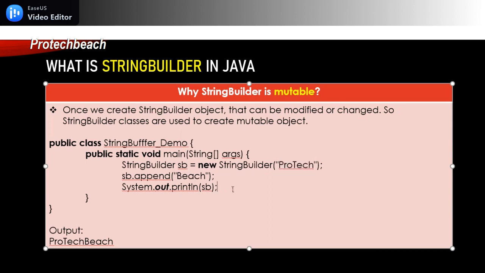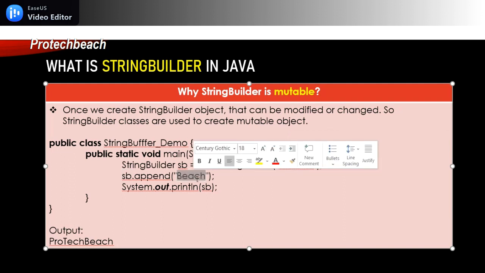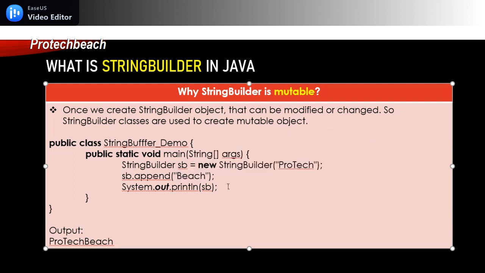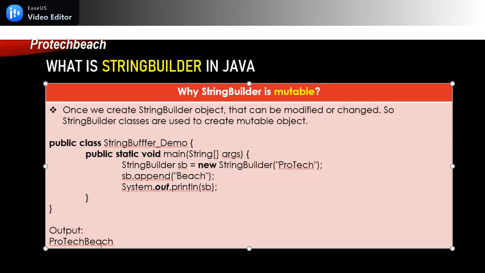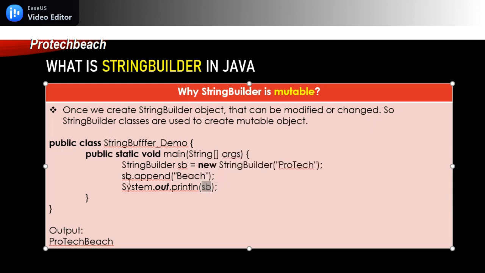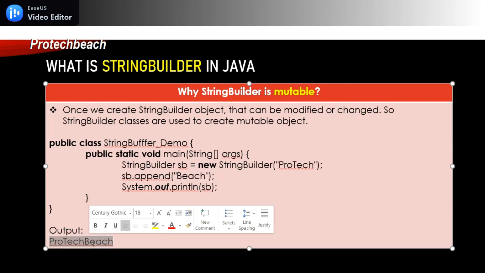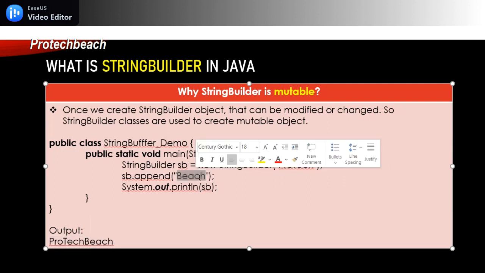I immediately print the sysout of this object. If you observe the output here, initially it is ProTech, and I am appending Beach. Appending adds the second string to the first string, so the output will be ProTechBeach. Even though I am printing immediately and not assigning the object to anything, it still prints ProTechBeach. StringBuilder is mutable in nature, as it is modified now.